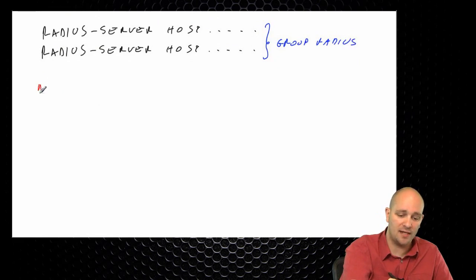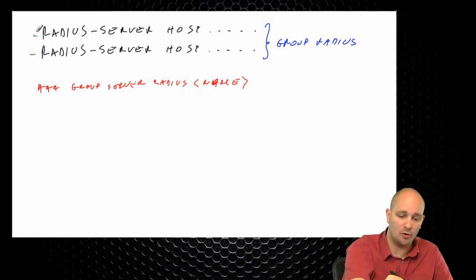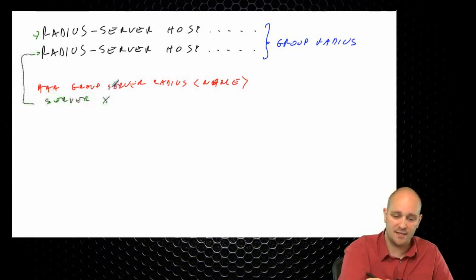So when we create AAA group server radius, and here we define a name, we can either reference one of these. If we, for example, just say server X, that would be this X, and let's say that this is Y here.